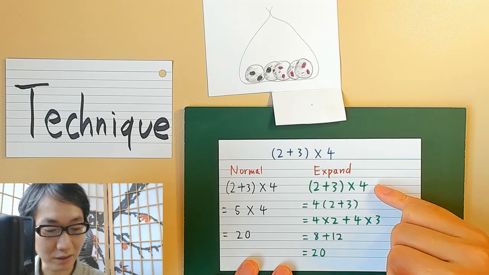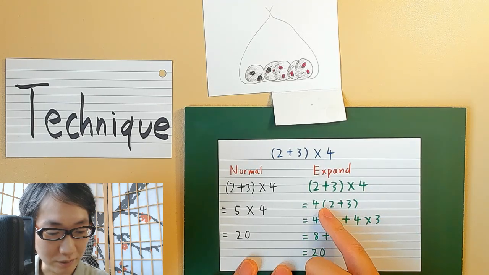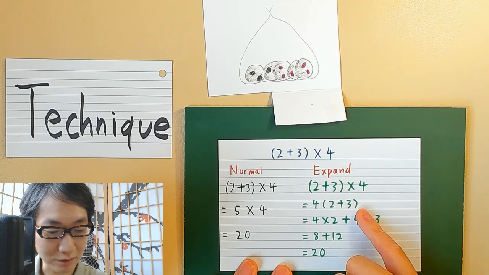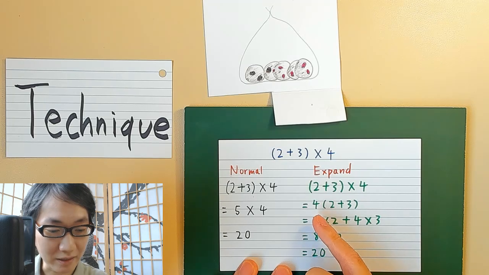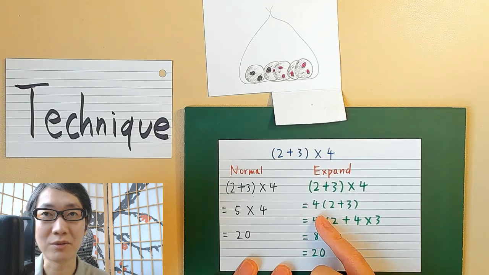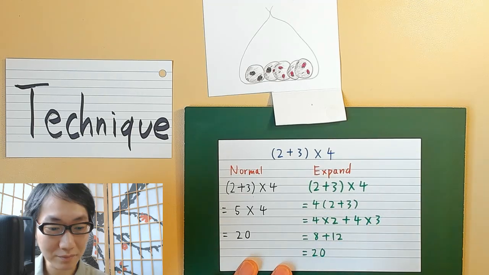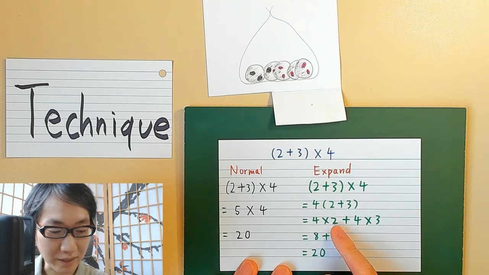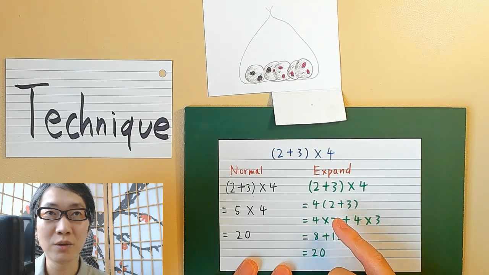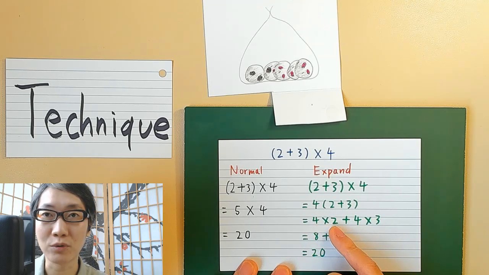Or we can use expand. If we expand this first, we write it like this. The 4 outside the bracket means 4 times. The 2 plus 3 is still in the bag. Then we count the individual cookies first, according to their different flavors. We have 4 bags, and each bag has 2 chocolate cookies, so 4 times 2, we have 8 chocolate cookies.